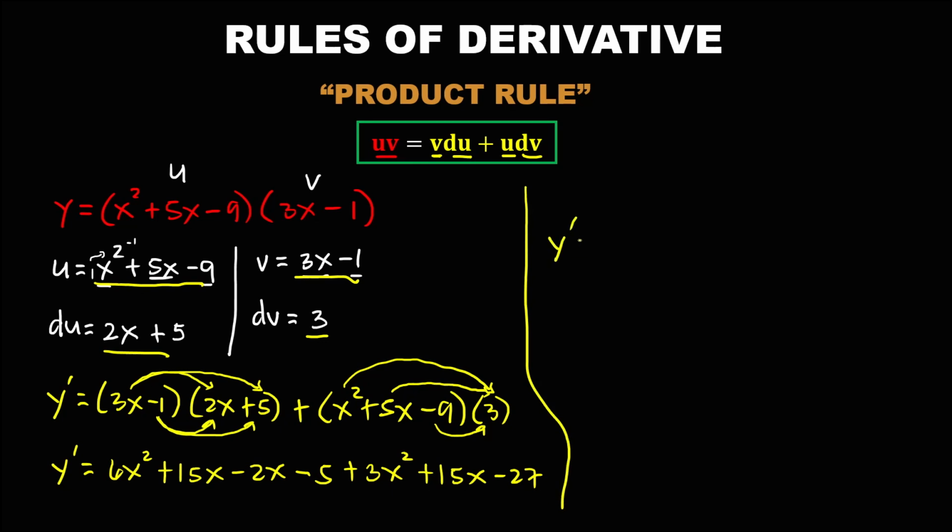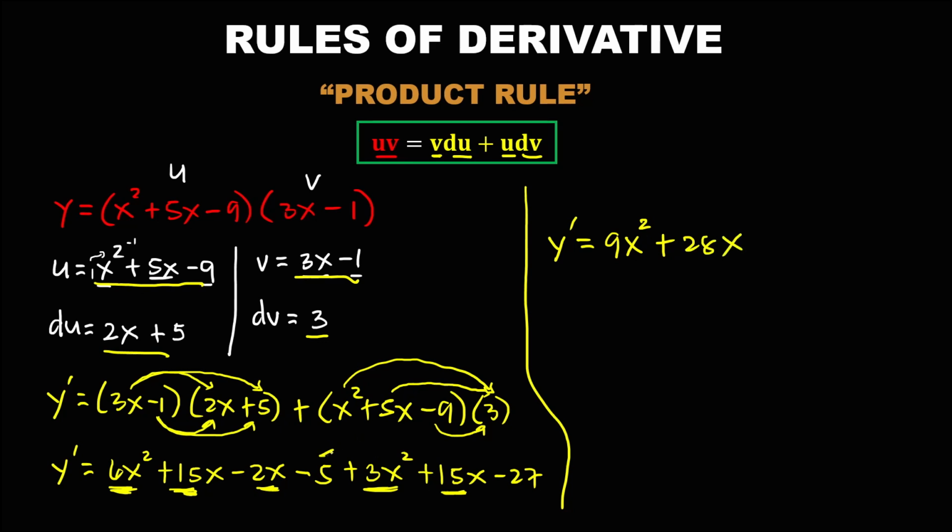Then we have y prime equals, so we need to combine like terms. So 6x squared and 3x squared, this is 9, copy the variable, that's x squared. Then positive 15 minus 2 is positive 13x, and positive 13 plus 15 is positive 28x.